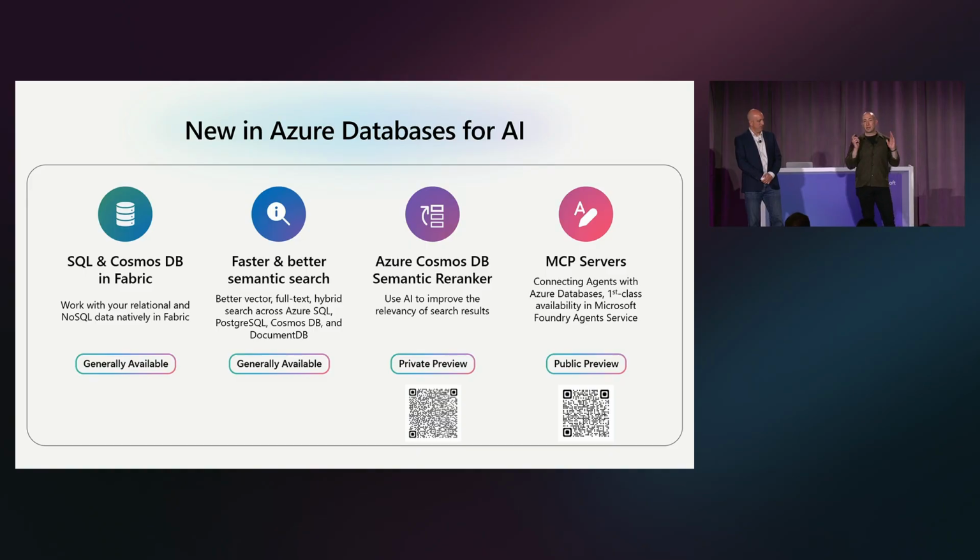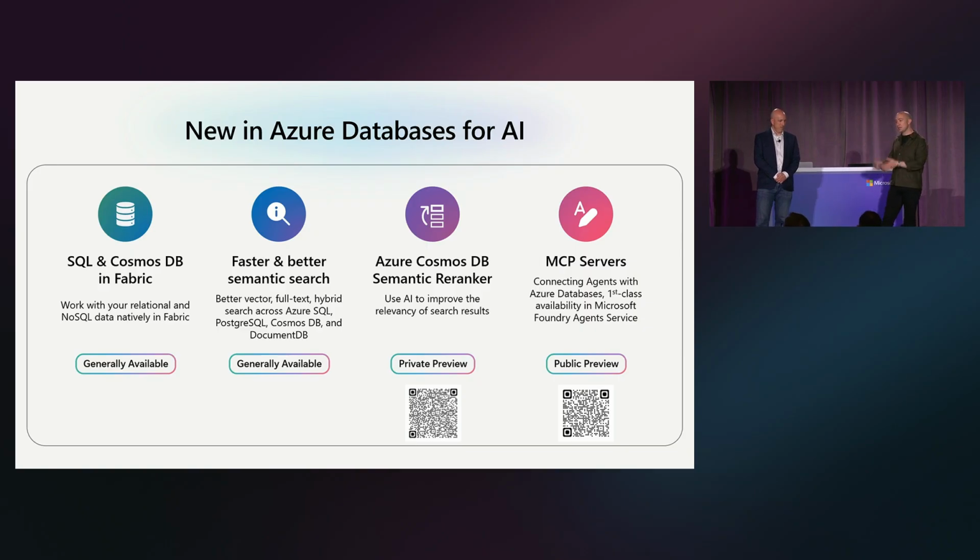We, of course, across the Azure databases portfolio, whether it's Azure SQL, Azure databases for Postgres, Azure Cosmos DB, or Azure Document DB, we have world-class semantic search available in every single database platform. We're also bringing AI-based re-ranking into our databases, starting with Cosmos DB, and of course, MCP servers to connect to your databases directly to your agents that are deployed in Microsoft Foundry.